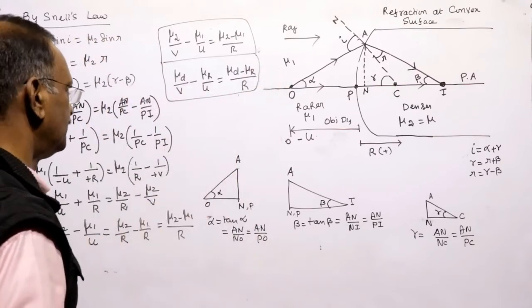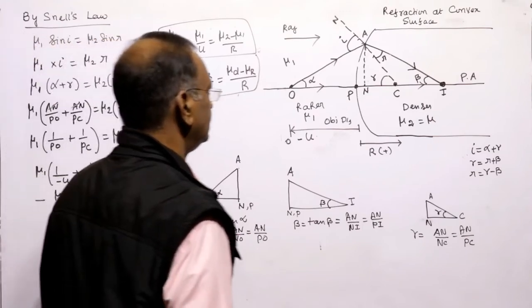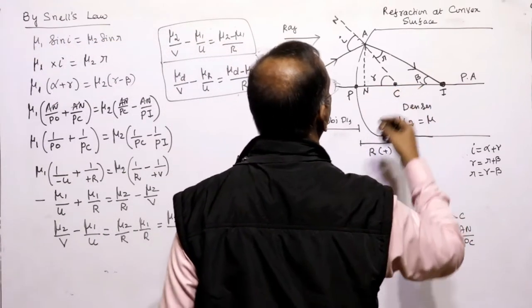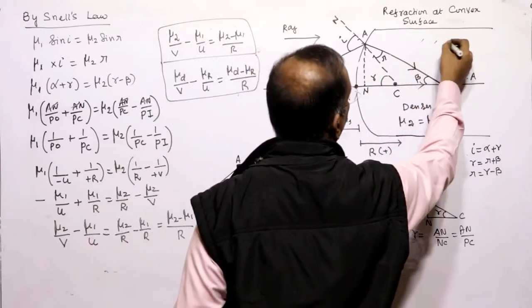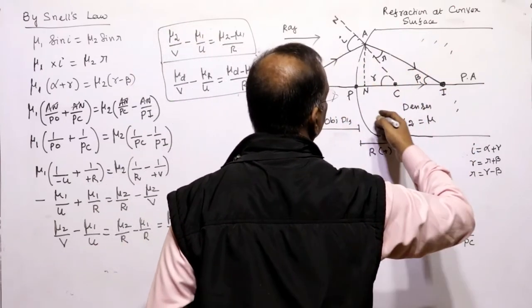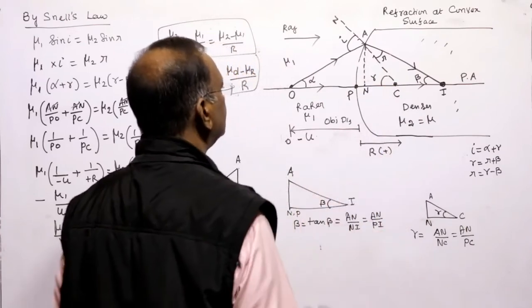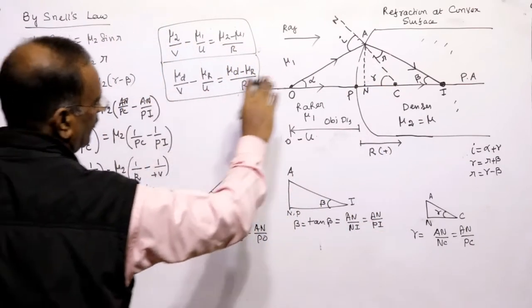This is the expression for refraction at the convex surface. This is a convex surface, the bulgy portion is in front of the ray.